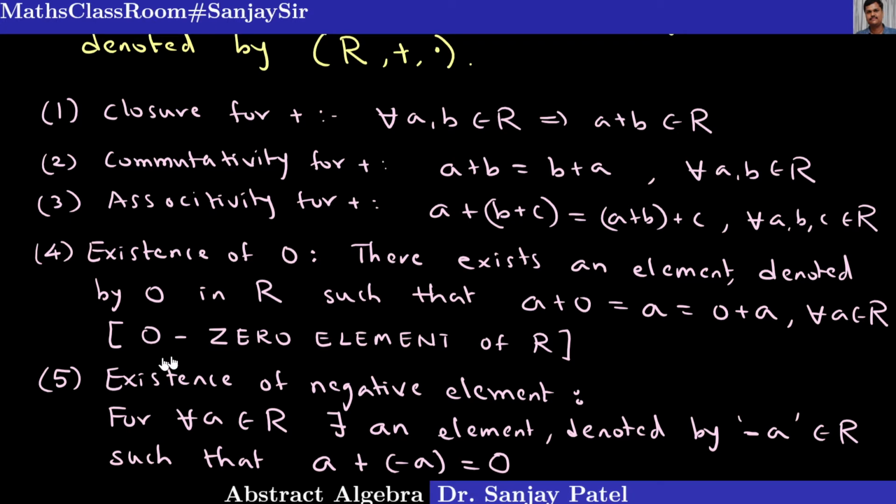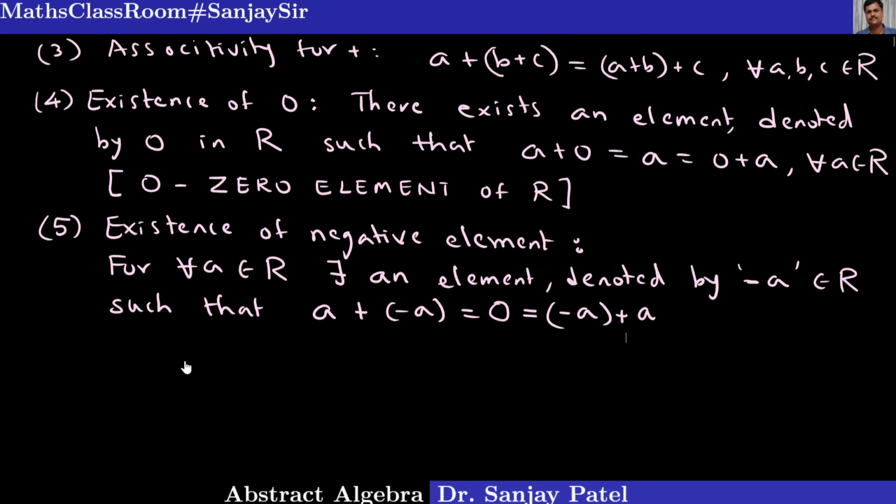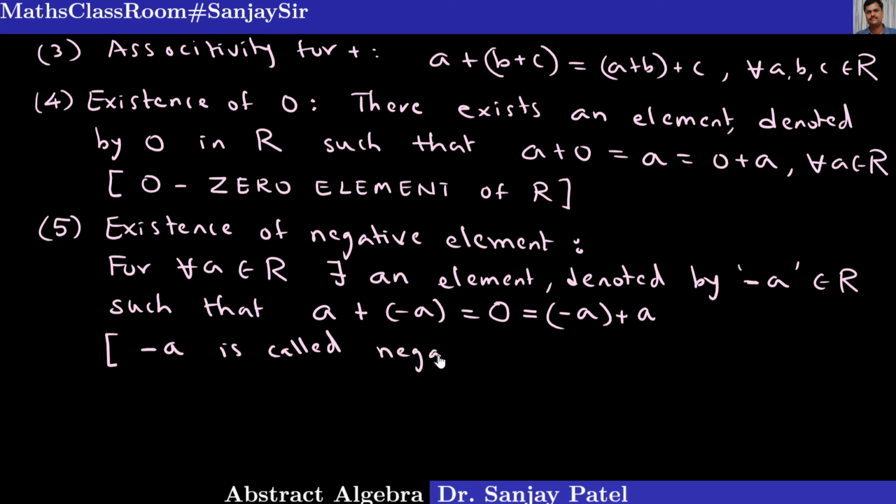This 0 is the zero element of the ring. This is equal to minus a plus a. So every element a in R has such an element which is called the negative element of a or opposite element of a, or you can say the additive inverse of the element a.